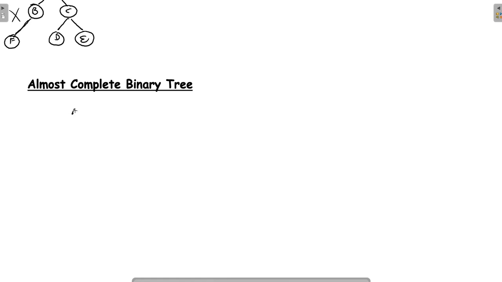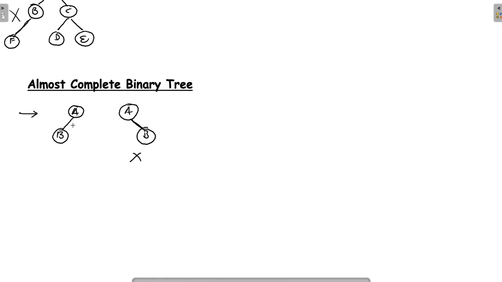Let's say we have a node A, and you want to have children for this node like B and C. There are two ways to have the children: B can be the left child, or B can be the right child of A. But there is a sequence which you need to maintain: your level should be filled from left to right. So if there is a tree A having only a right child B, then this is not an almost complete binary tree.